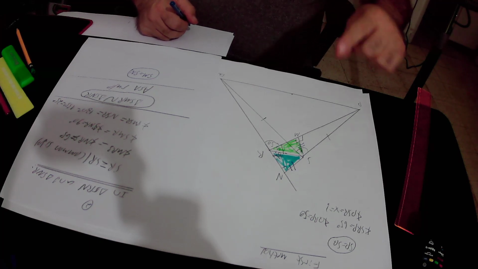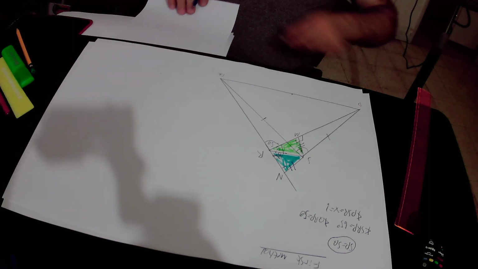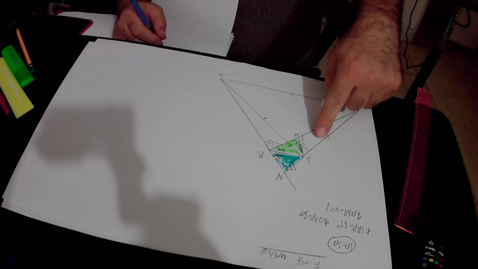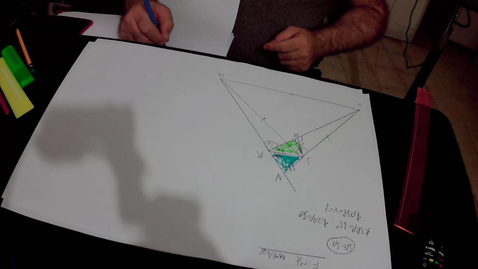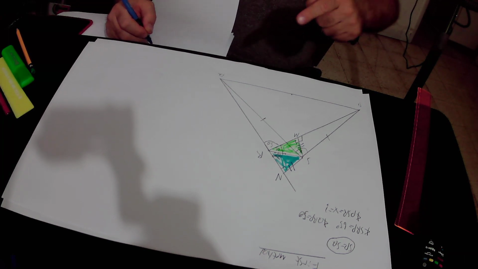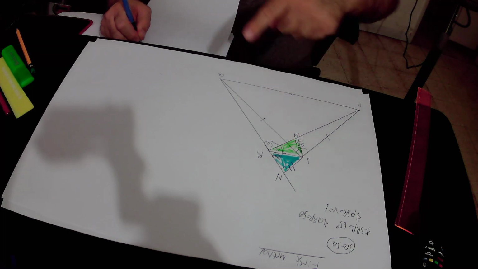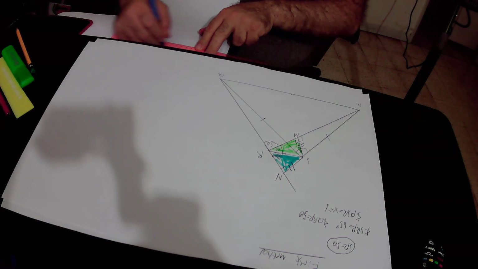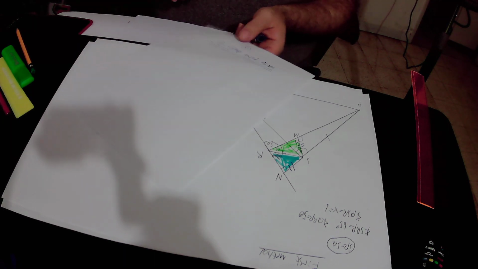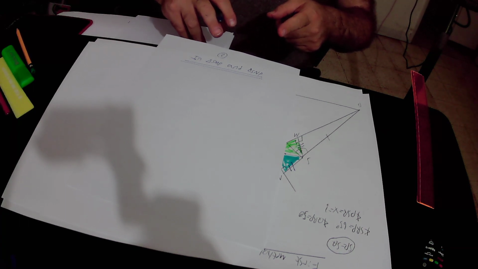And we will actually prove that those two right triangles can go into each other.